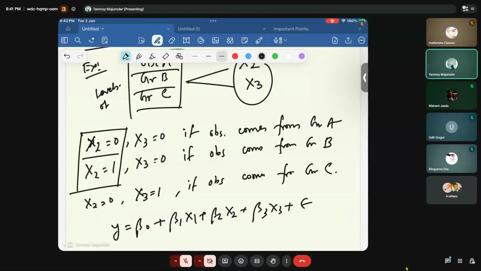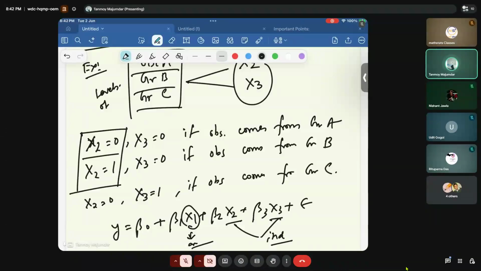So where x1 is the quantitative variable that we took in the beginning, and x2 and x3 are our indicator variables. Since we have 3 levels in the qualitative data, that's why we are using 2 indicator variables.